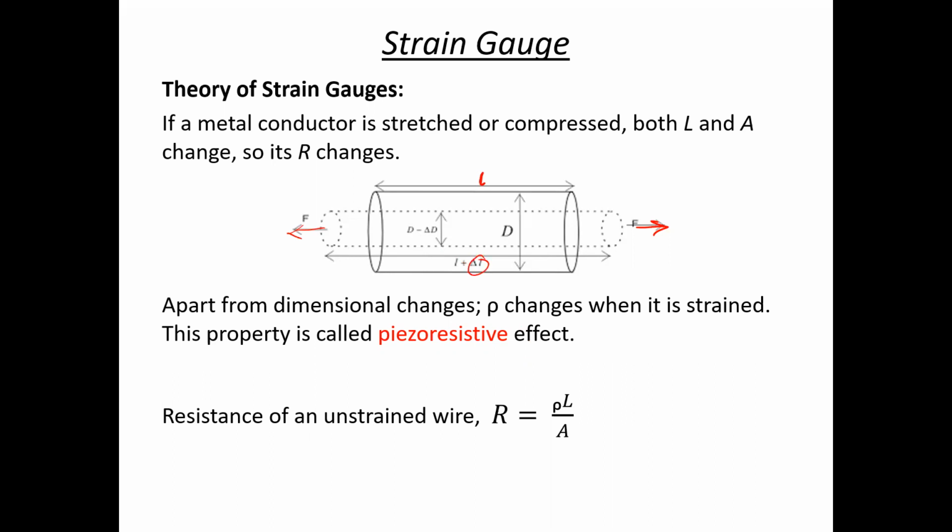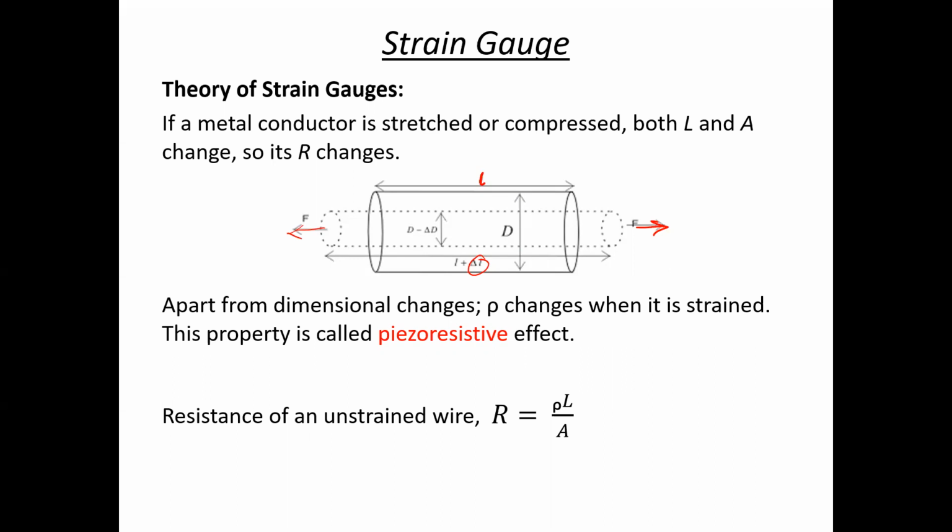As the length is increasing after applying the stress, we can say that the longitudinal strain is positive. Whereas due to the application of the force in this direction, the diameter of the wire will tend to decrease.